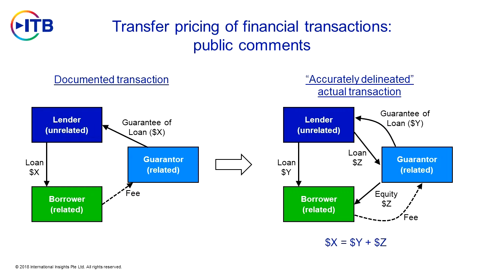And let me comment that the phrase "accurately delineated actual transaction" is not an accurate description of what's going on here. This is not accurate delineation. It's a re-characterisation under section D.2 of Chapter 1.